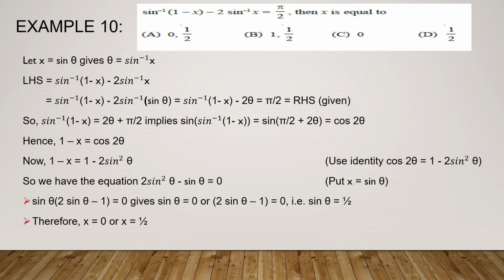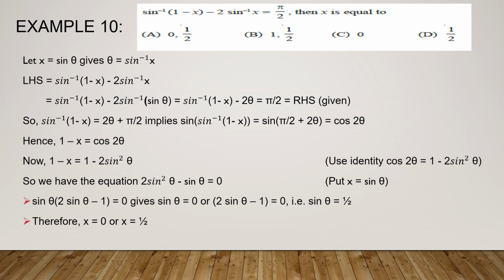1 minus x is 1 minus, instead of cos 2 theta, I am using the identity cos 2 theta is 1 minus 2 sine square theta. So 1 minus x is 1 minus 2 sine square theta, or it is 2 sine square theta minus sine theta equal to 0. Now in this equation, take out sine theta: sine theta times 2 sine theta minus 1 is equal to 0, meaning either sine theta is 0 or 2 sine theta minus 1 is 0.